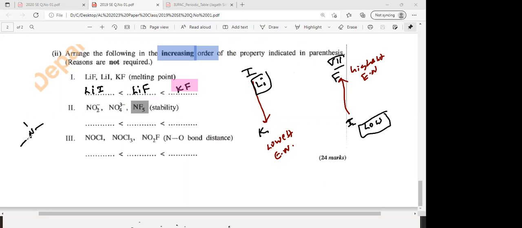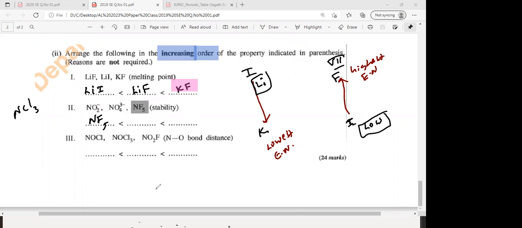Remember NCl3 is possible, or NF3, but not NF5, because nitrogen cannot have an expanded octet. Therefore the least stable one is NF5.